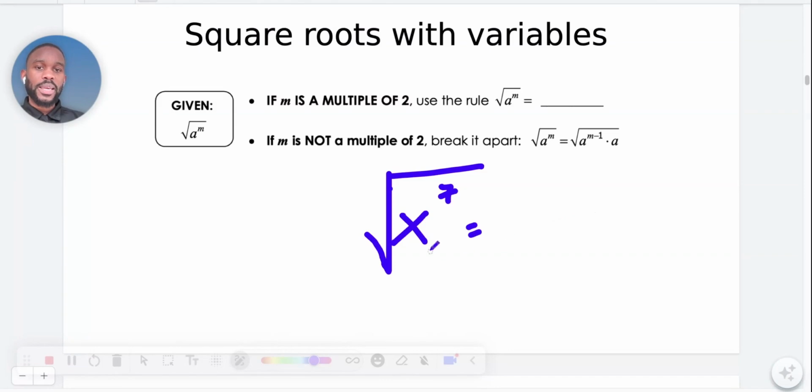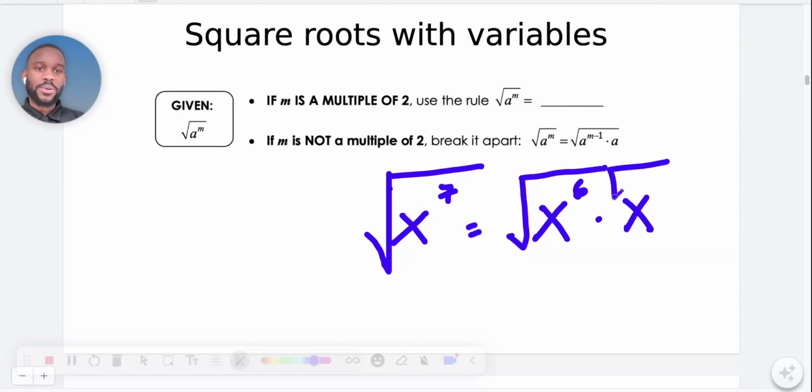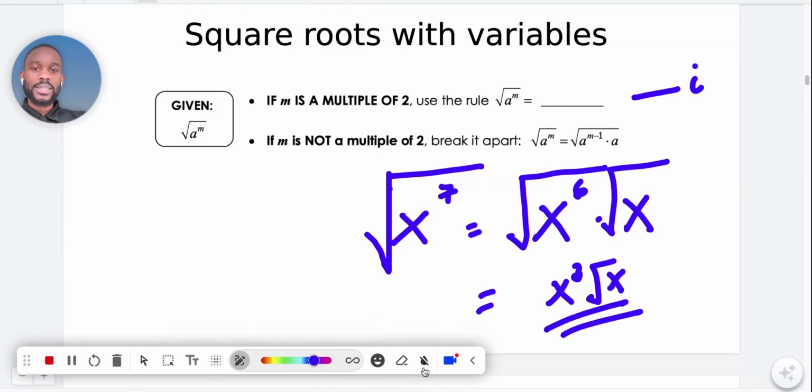No. So this can be written as x exponent 6 times x. Remember, if you're multiplying indices of the same base, you just add the exponents. So there is this 1 here. That means you get the root of that and also the root of that. You're breaking it down. Remember, 6 is divisible by 2, so you'll get x exponent 3 root x, something like that.